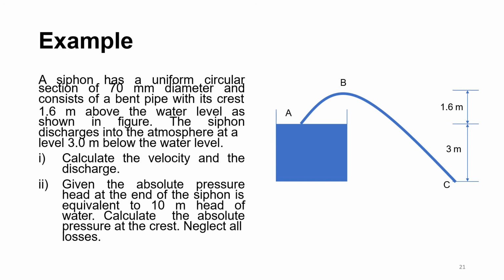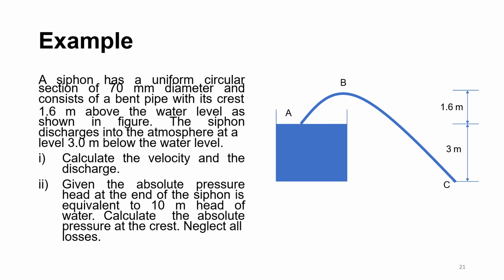Okay, then we have another example that involves a siphon system. For a siphon system, we have 3 points: point A, point B, and point C. It is stated that it has a uniform circular section. The diameter of the smaller tube is 70 mm. There is a bend pipe with its crest at 1.6 meter. The siphon discharges into the atmosphere.